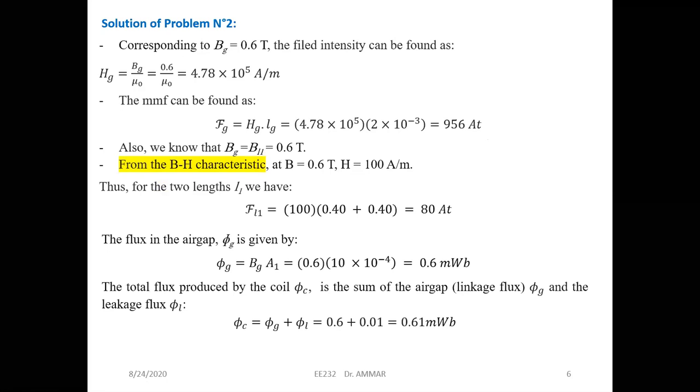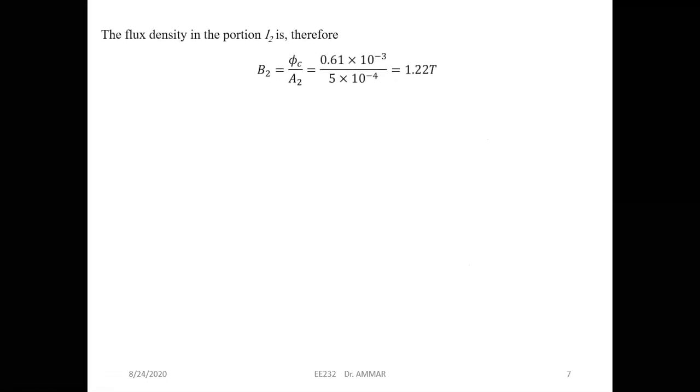So let's go back to the solution. The flux density B2 is equal to the total flux over the cross section. Here I'm not sure, but maybe they consider the leakage flux because the total flux has been created in this part. And there is no big difference: it's 0.6 and 0.61, times 10 to the power minus 3.